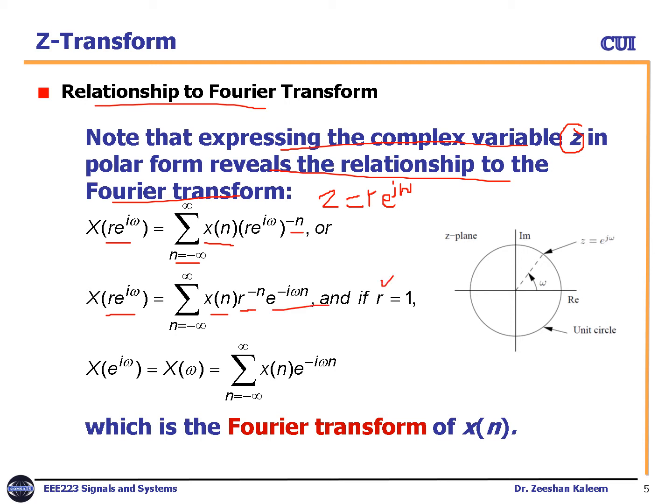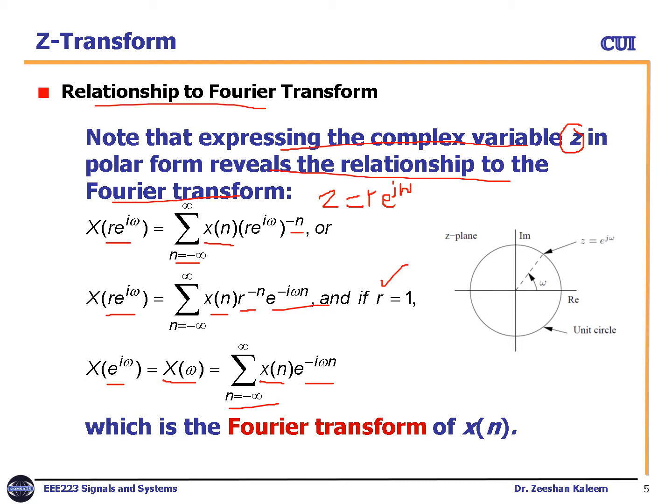Suppose r equals 1, then what will happen? It becomes X of e to the j omega, which is the sum over n from minus infinity to infinity of x of n e to the power minus j omega n, which is the Fourier transform of x of n. So by taking r equals 1, the Z transform is equivalent to the Fourier transform.